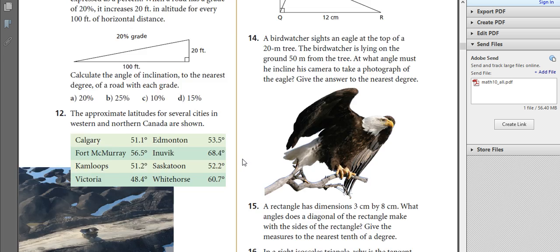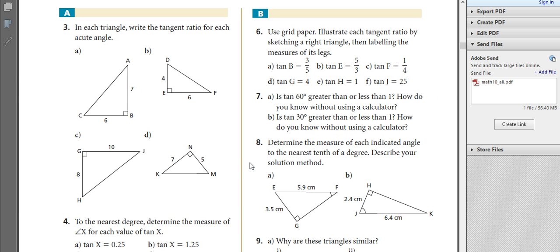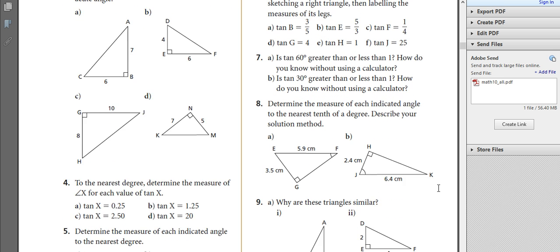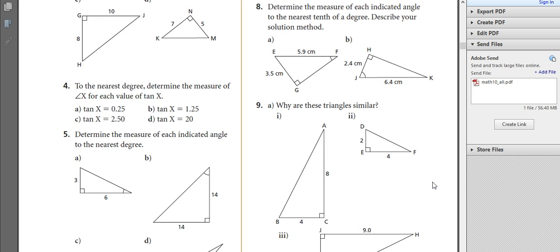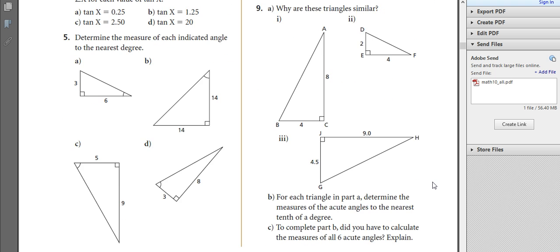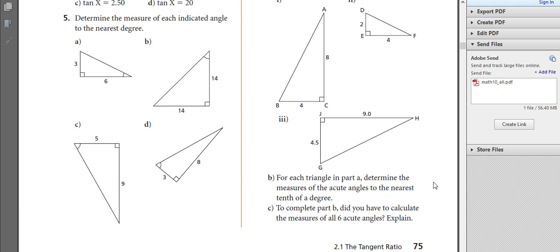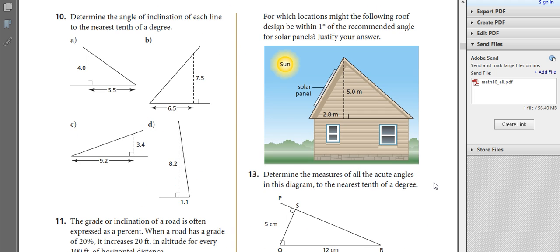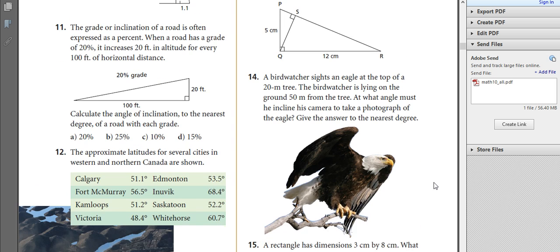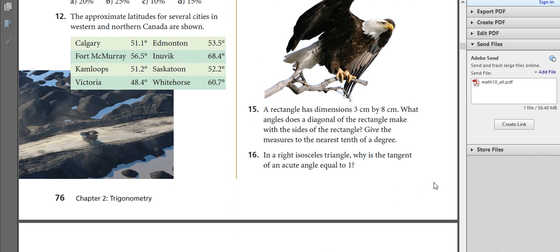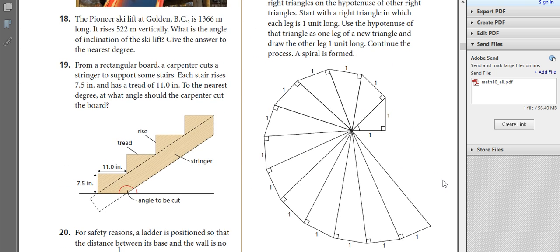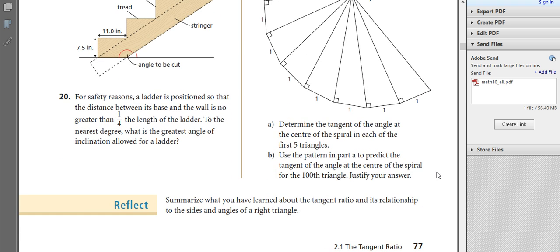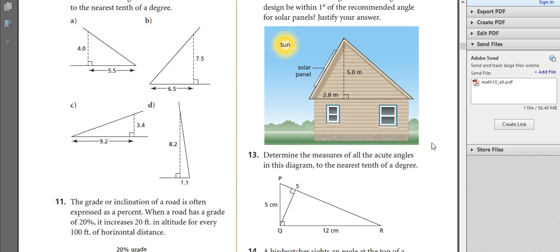So these are the exercise questions. You can try all those questions at home. You have the book, right? I sent you the book, remember?